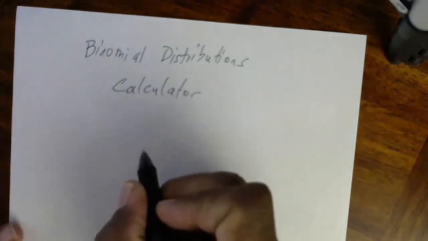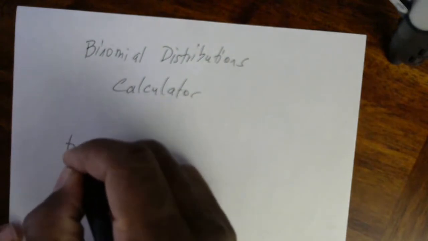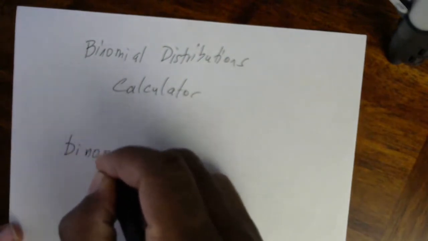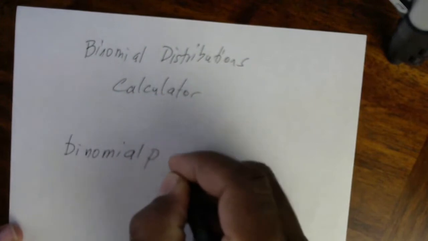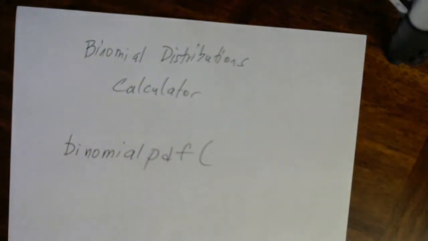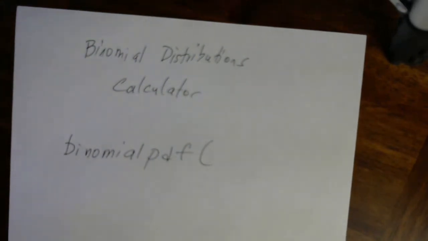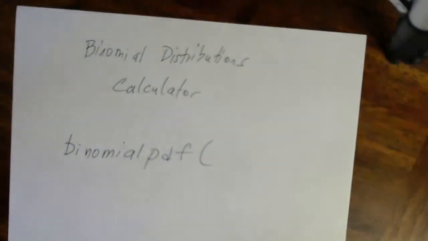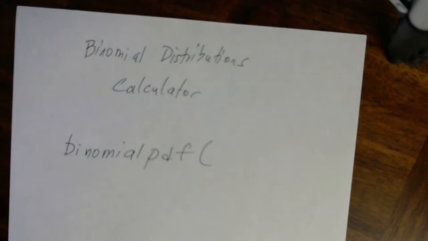We have something called the binomial PDF. What our binomial PDF will calculate is the probabilities of exactly 0, exactly 1, exactly 2, exactly 3, exactly 4, or exactly 5.